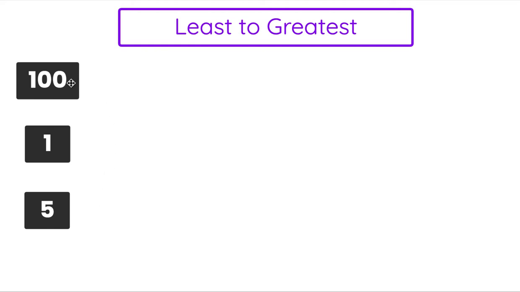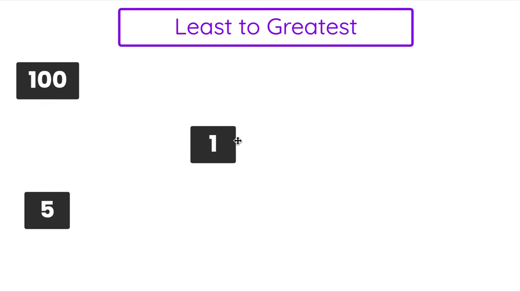So I have 100, I have 1, and I have 5. Which one of these numbers is the least or the littlest, the smallest? The least number is 1. The number 1 is the smallest number out of all 3 of these. It is the least. So we're going to start lining up these numbers.